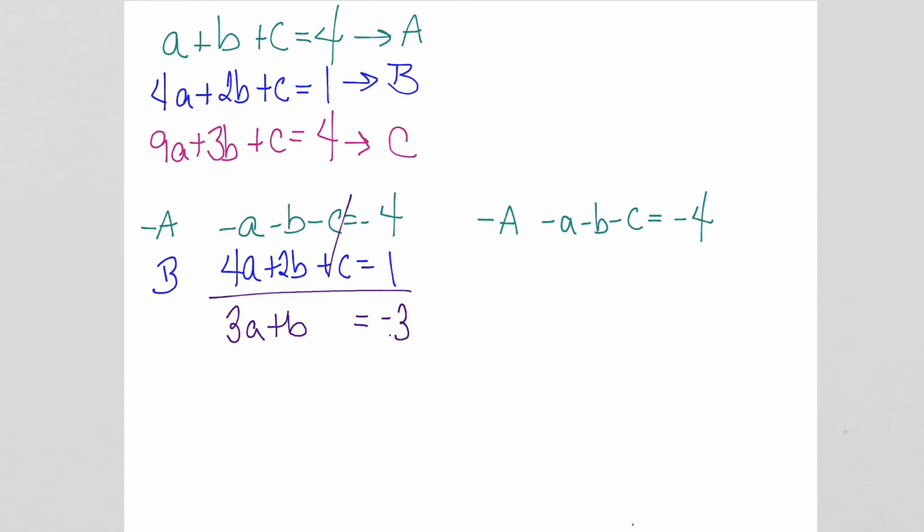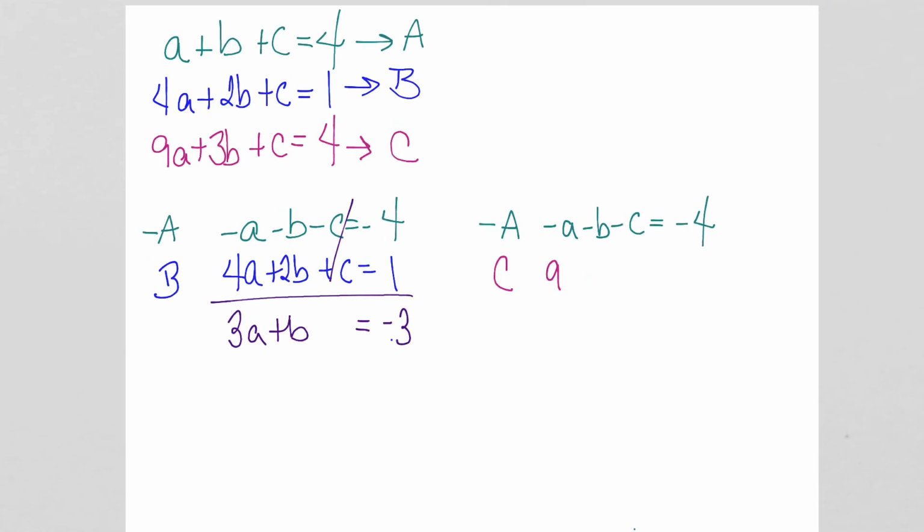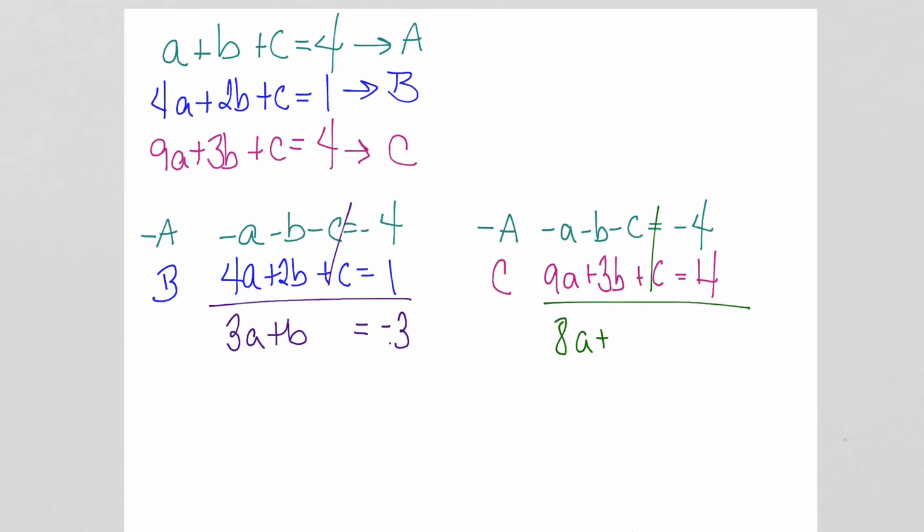And C. Add, gets rid of our C's, and so we've got 8A plus 2B equals 0.